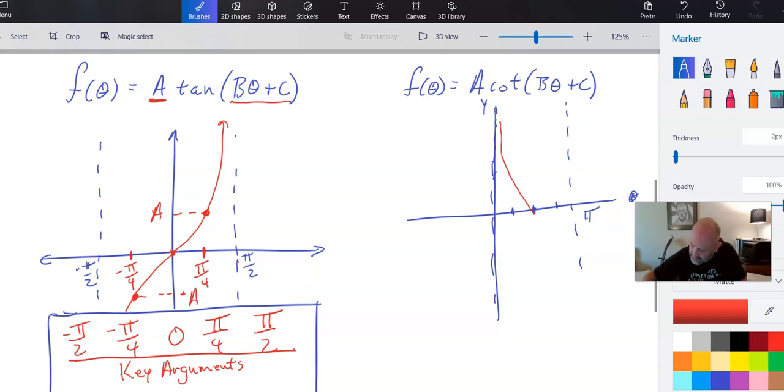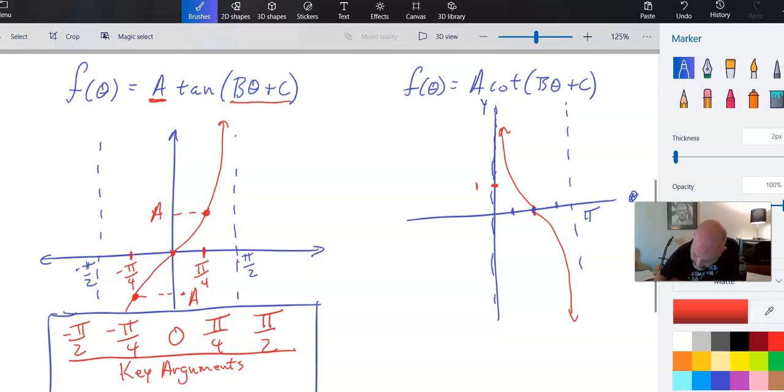cotangent, let's just take that off of there. That was pretty bad. Let me change the angle on this so I can draw it. Cotangent does this. It doesn't cross the y-axis, so there's no y-intercept for cotangent. We have our 0 point here, and then these points for A that we have over here in tangent are actually over here.